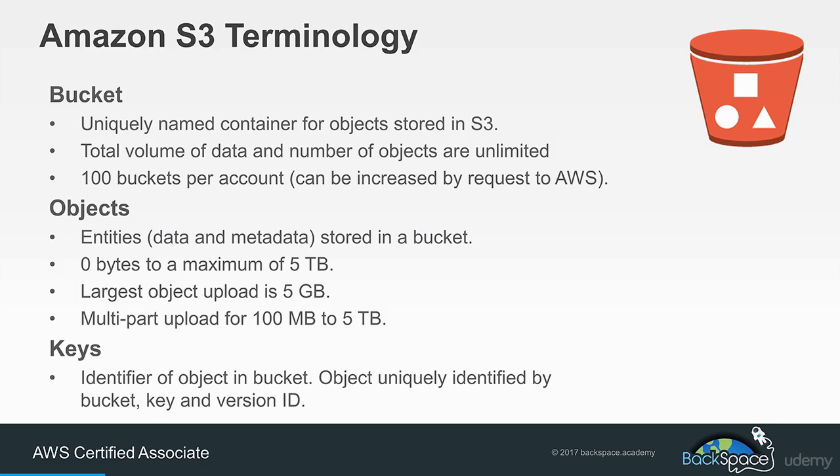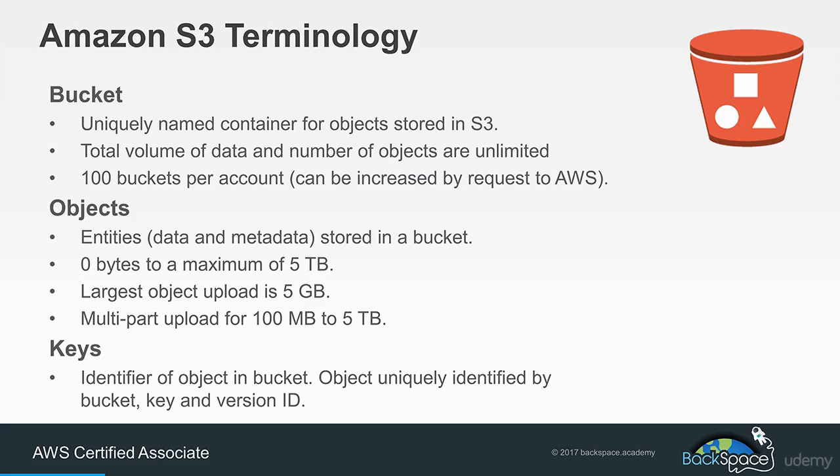You can't upload a 5 terabyte object in one hit. The largest object you can upload in one go is 5 gigabytes. So to upload 5 terabytes, you will need to use multi-part upload. That is recommended by AWS for all objects over 100 megabytes up to 5 terabytes, and it provides the most streamlined method of getting large objects into Amazon S3.